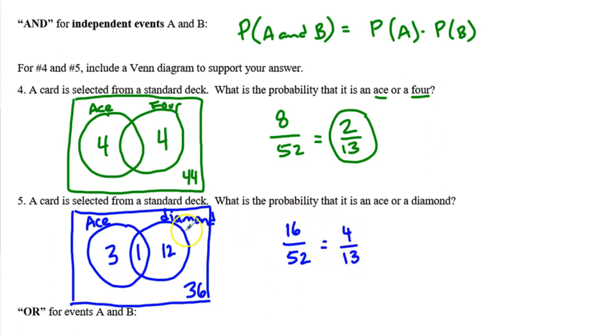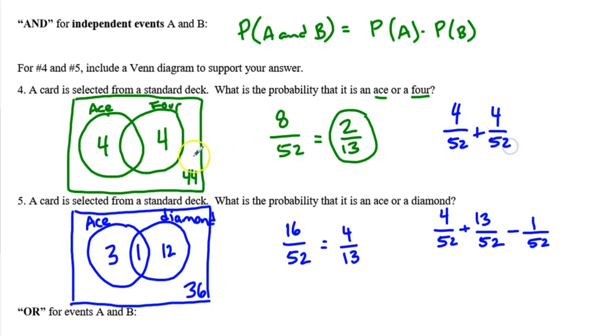So again, what did we have to do here? Well, the probability of getting an ace was 4 out of 52. Probability of getting a diamond, 13 out of 52. But then we had to subtract that one that was in overlap, right? Whereas up here we didn't have to subtract anything. We just added 4 over 52 plus 4 over 52. There was no common card that was both ace and 4, so we didn't have to subtract any overlap.